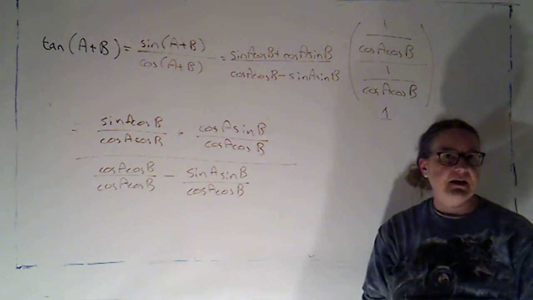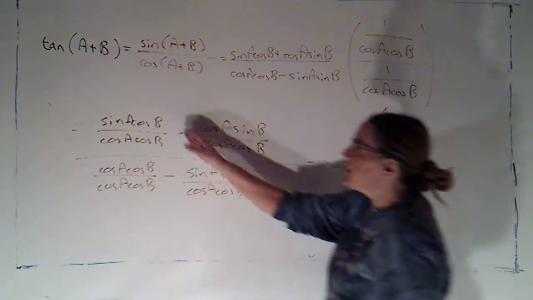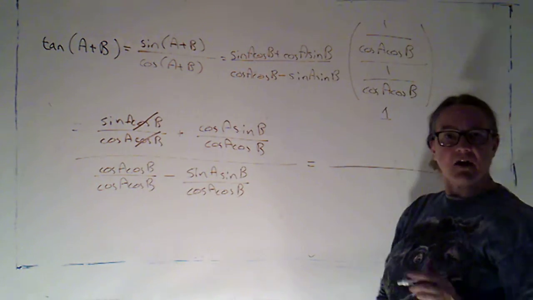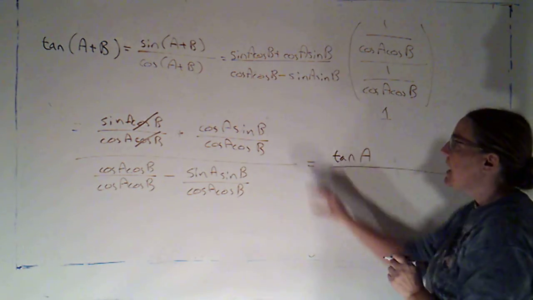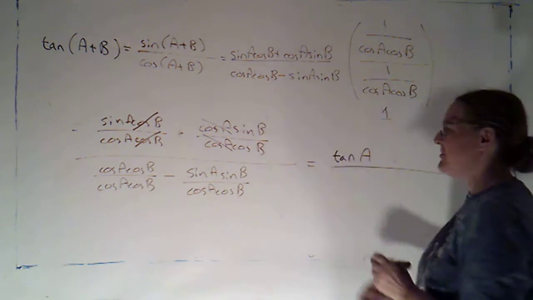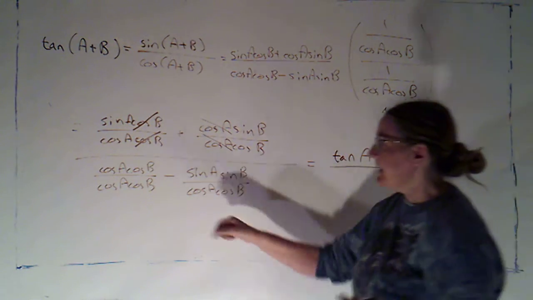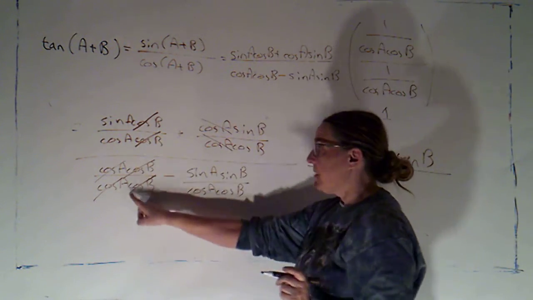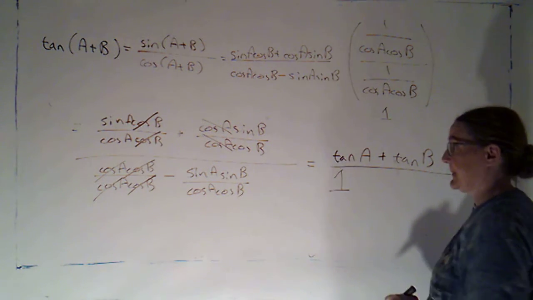Now it looks like I've just made this atrocious, but it actually simplifies down quite nicely. Notice in this first term I can cancel the cosines of B. I've got sine A over cosine A, that's tangent of A. Here, I can cancel the cosines of A. I've got sine B over cosine B. That's actually tangent of B. Here, I can cancel cosine of A and cosine of B. Remember, when you're canceling, if everything cancels out, you're left with a placeholding 1.